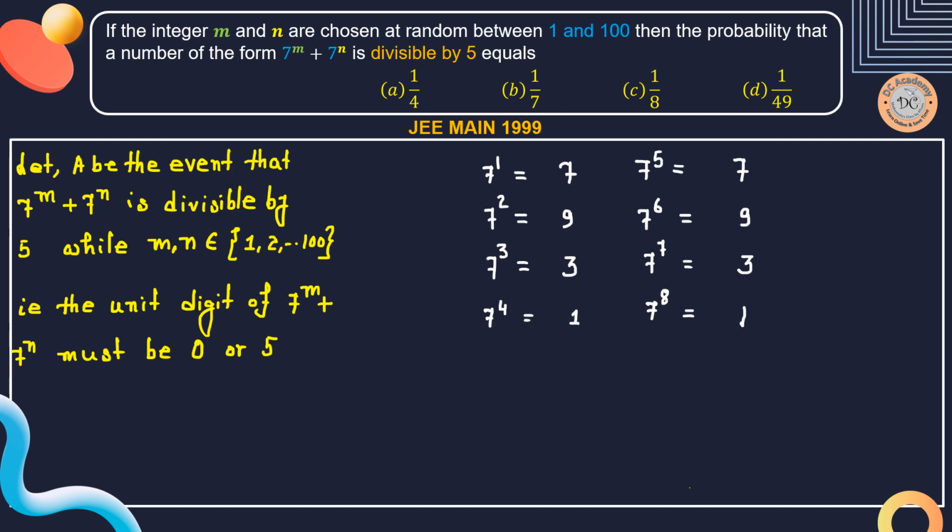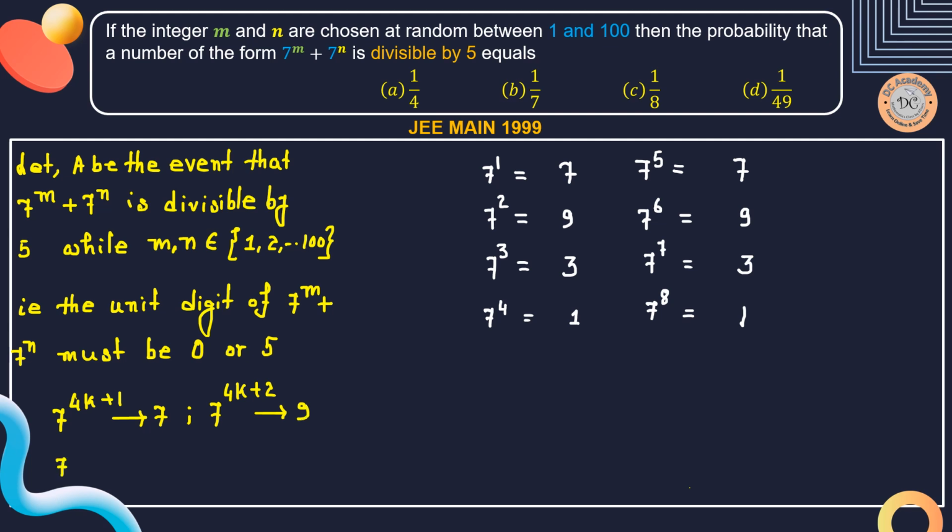So we can easily conclude one important piece of information: for 7 to the power 4k plus 1, the corresponding unit digit will be 7. The unit digit for 7 to the power 4k plus 2 will be 9.